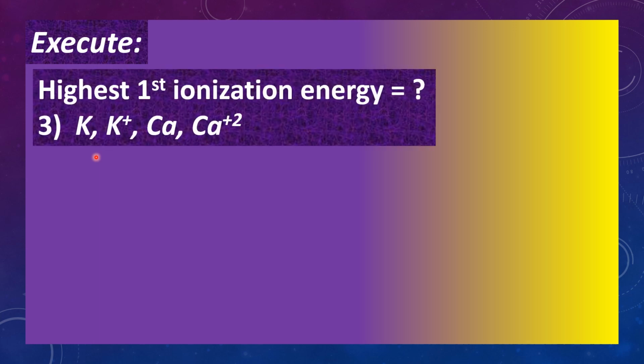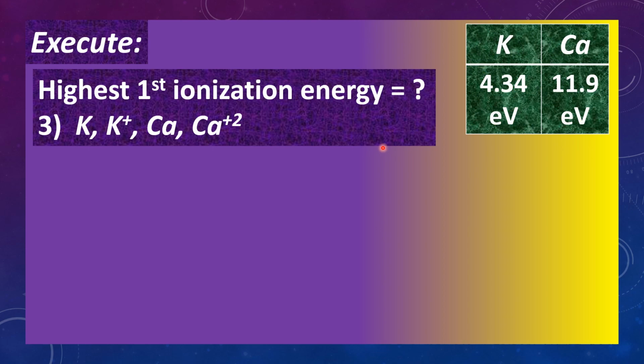Finally, we are now on our last question. Which among the species potassium positive 1 ion, neutral calcium atom, and calcium positive 2 ion has the highest first ionization energy? So we know that potassium and calcium are both in period number 4.